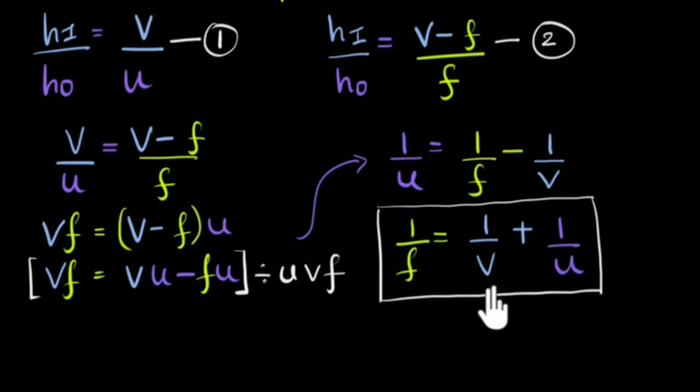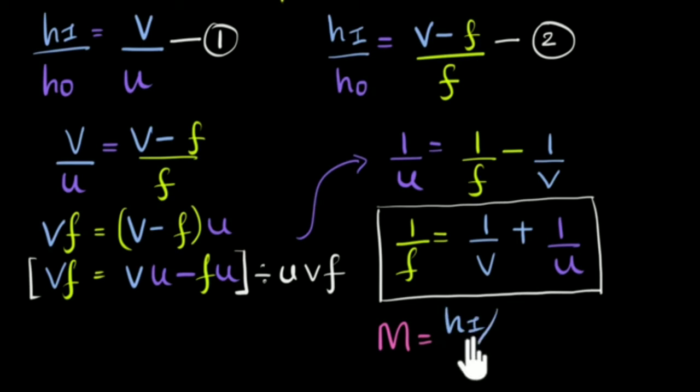Okay, and similarly, once we know v, we can substitute it in either of the two equations. We can substitute over here, and we can now find the height of the image. So just like what we did for the mirrors, we can define the magnification m, which is defined as the height of the image divided by the height of the object.